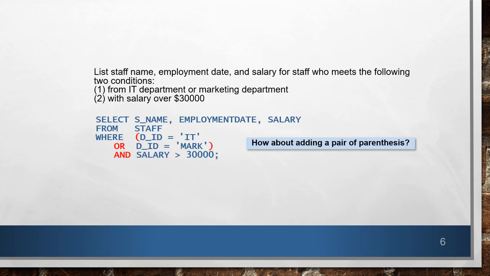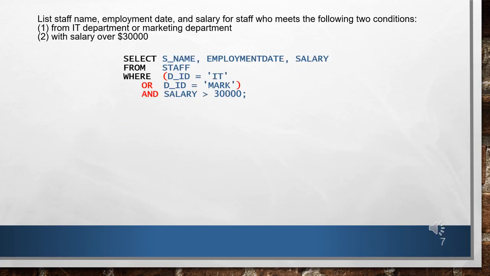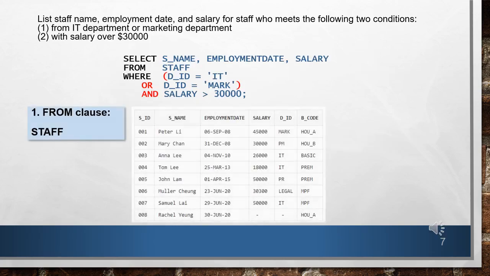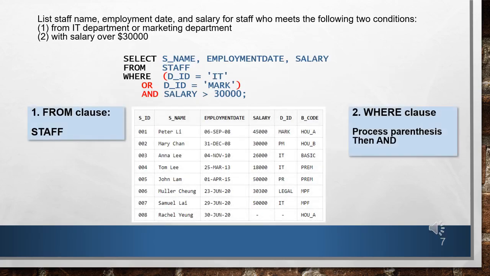Now let's add a pair of parentheses in the where clause and see how the DBMS will process the updated select statement. After processing the from clause, the DBMS will process the where clause. When processing the where clause, everything inside the pair of parentheses will be processed first.